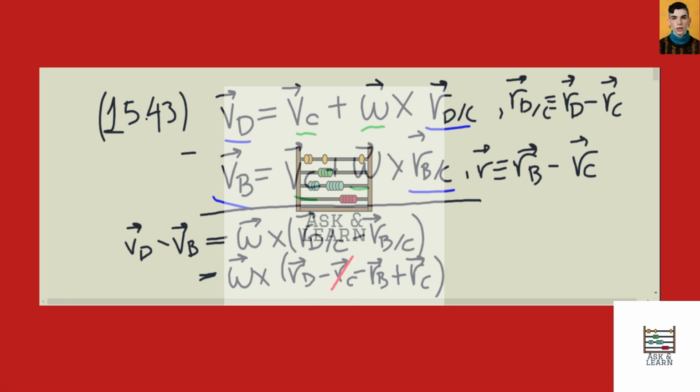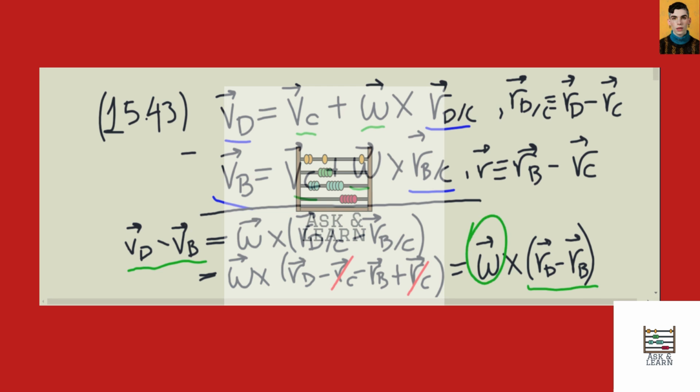So vector RC goes away, and we're left with the simpler expression: angular velocity cross product, the vector difference of vector RD minus vector RB. So then we need to calculate these two expressions, and then we have to solve for the angular velocity.